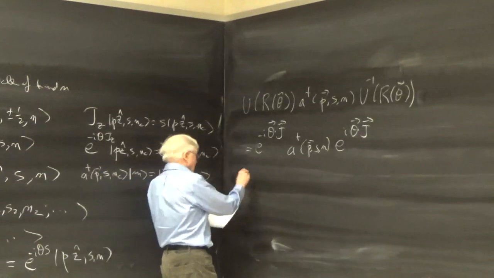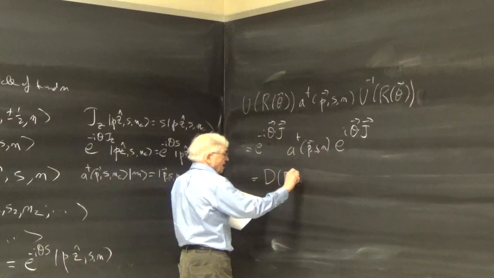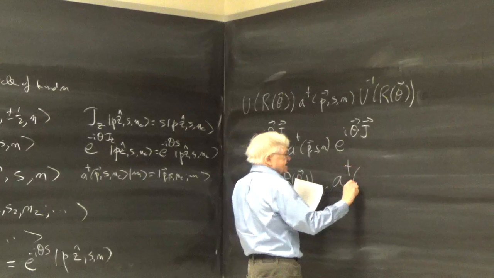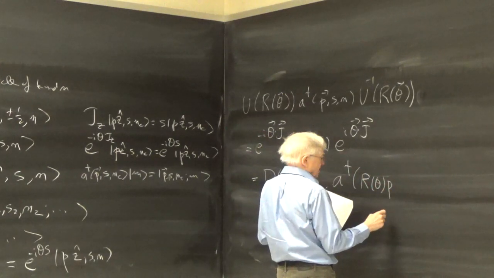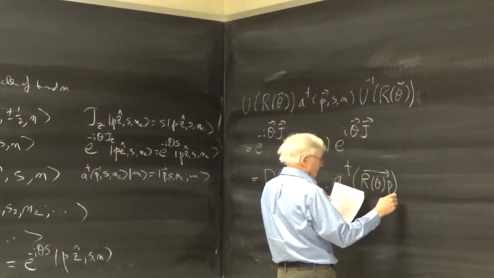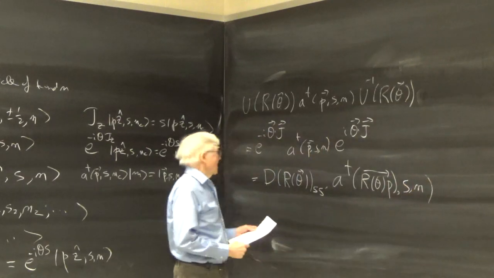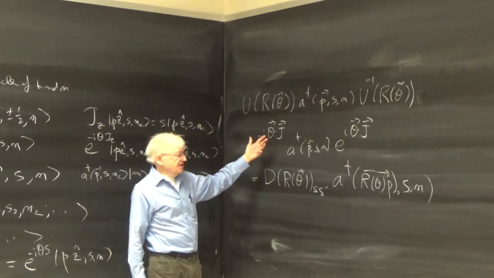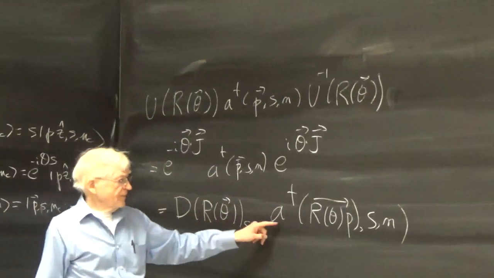It's a vector, and then this gives us D(R(θ))_{s's} a†(R(θ)p, s', n). So I don't know quite where to put the arrow there. So the creation operator behaves this way under the unitary transformation that represents a rotation. This is the 2 by 2 rotation matrix.